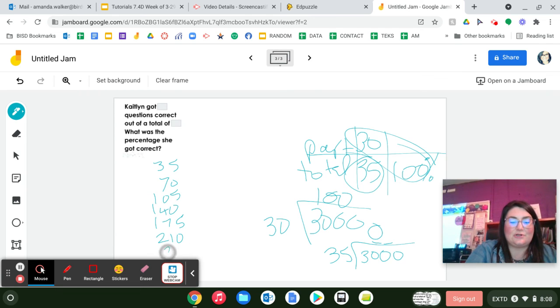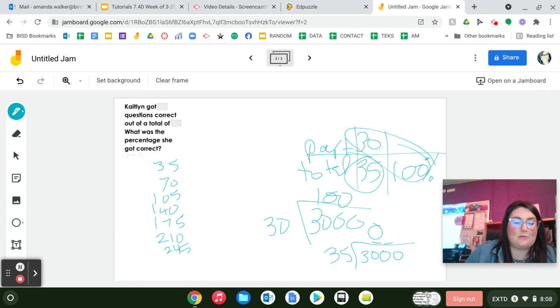Okay, we're getting closer to 300 here. See that? Then we have 280. It looks like that's all it goes in. So it goes into 300 1, 2, 3, 4, 5, 6, 7, 8 times. 8 times 35 is 280. So you could use your multiples list to get your answers there too.